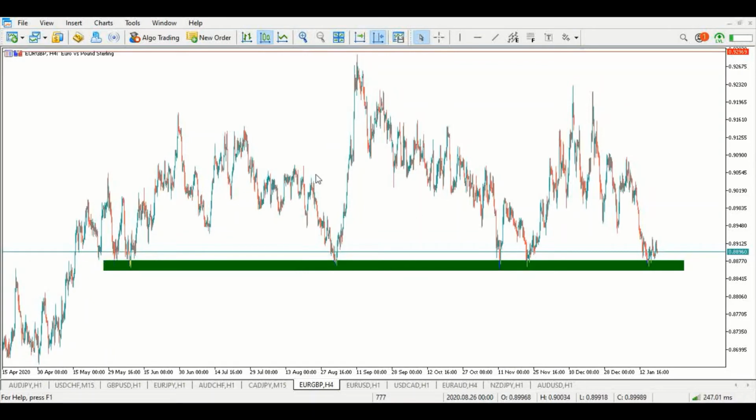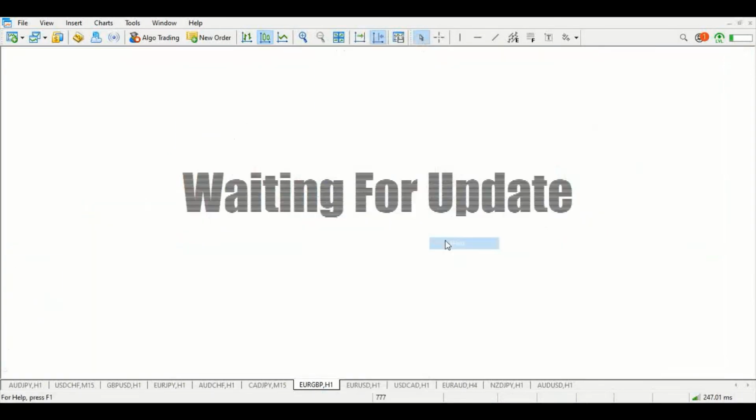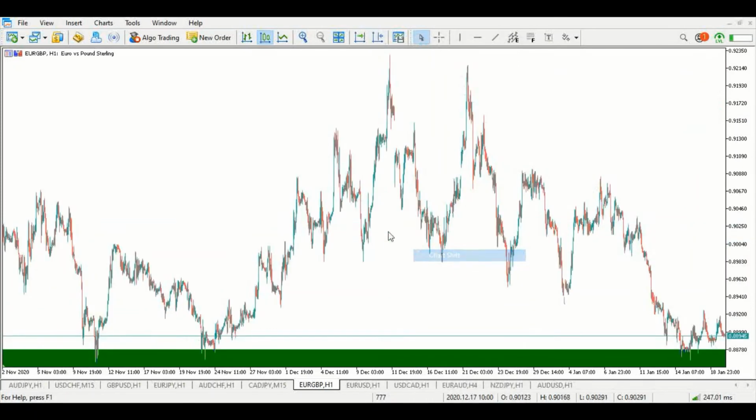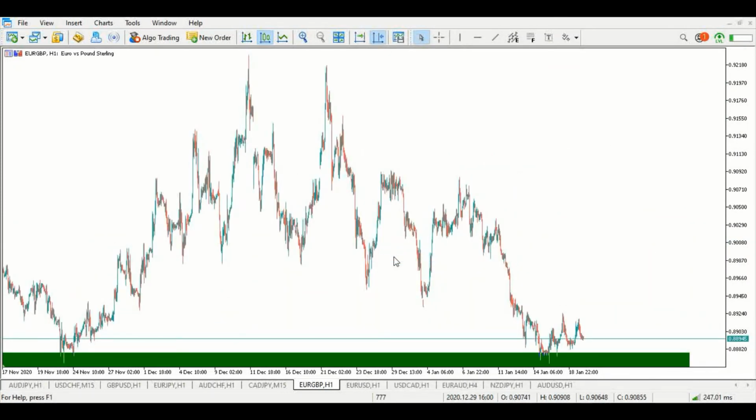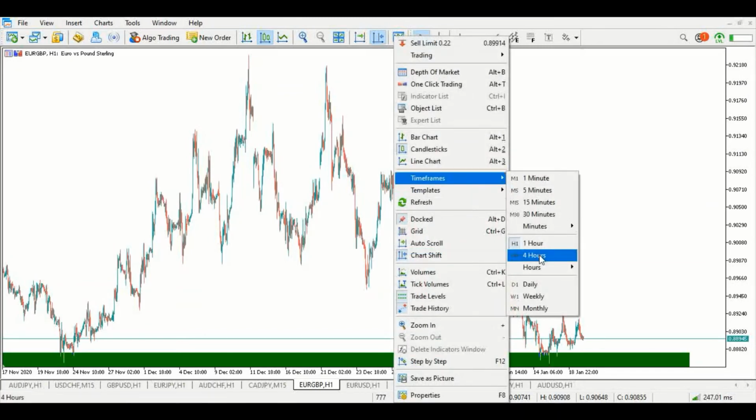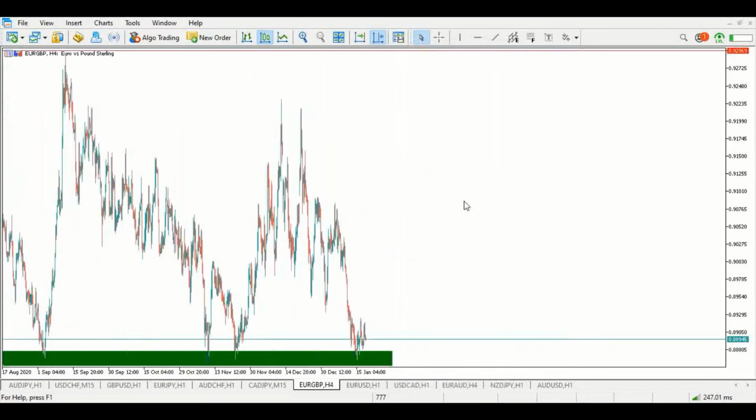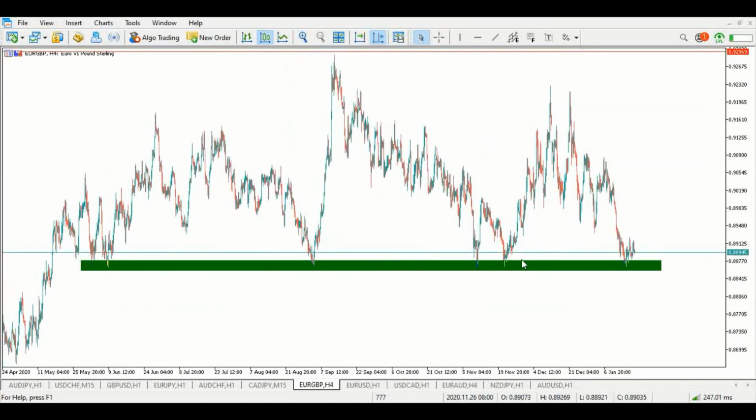Okay, so let me go on to the 1-hour. We know that this is a very rangy pair, so there is a lot of potential that price might move to the upside a bit, even though it's not going to make new highs or anything of that sort, but it might want to respect this support area level.